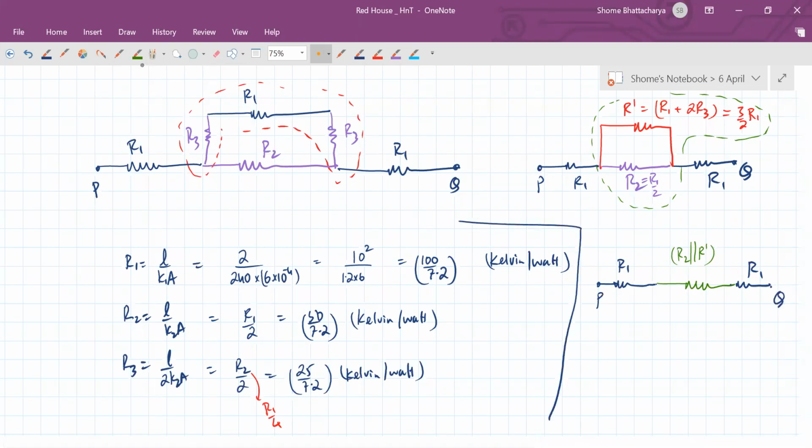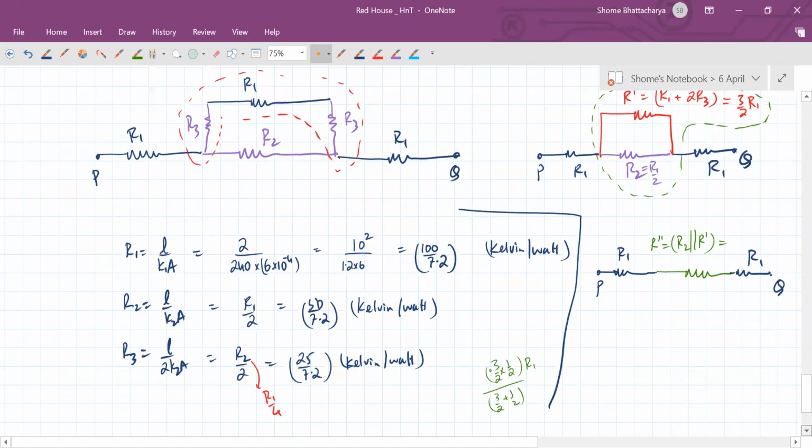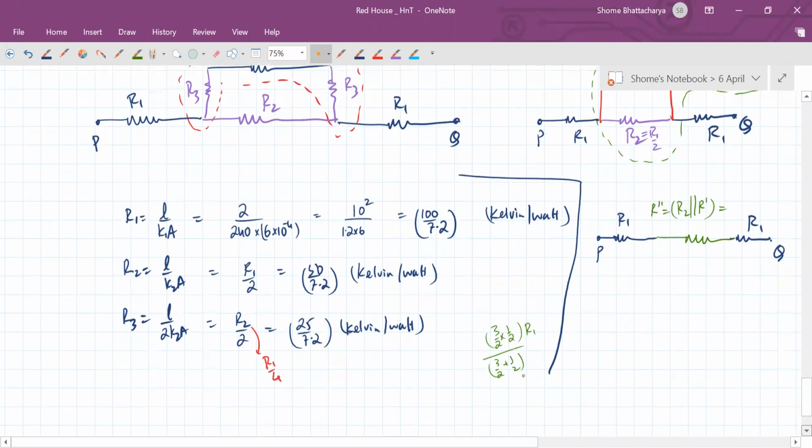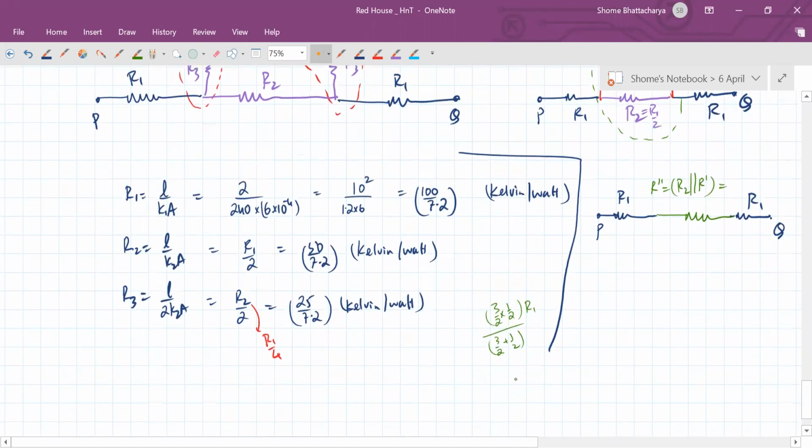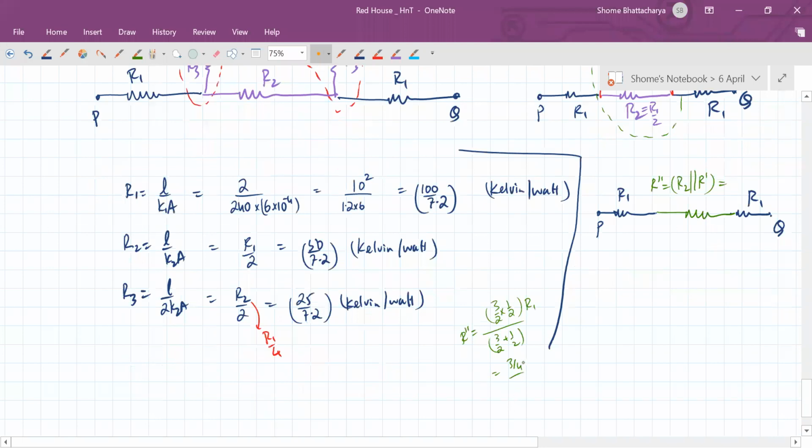Okay. So let's say this is R double prime. So that will become 3 by 2 into half upon 3 by 2 plus half. 3/4 divided by 2. So this will come out to be 3/8 R1.